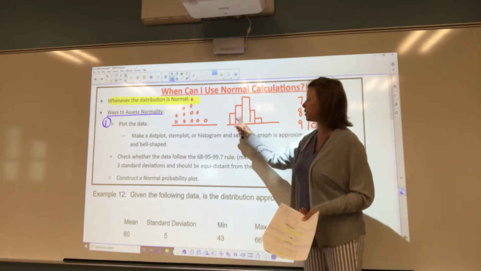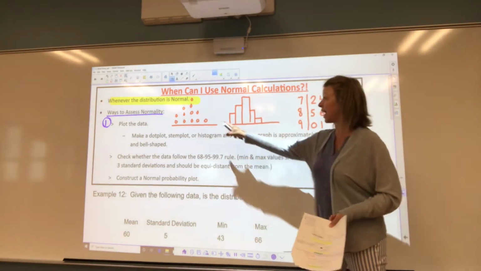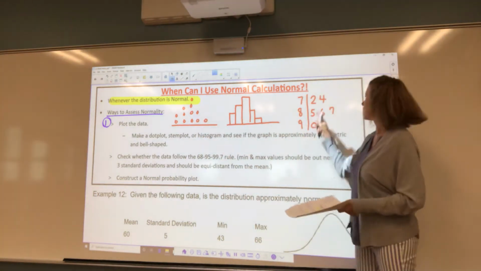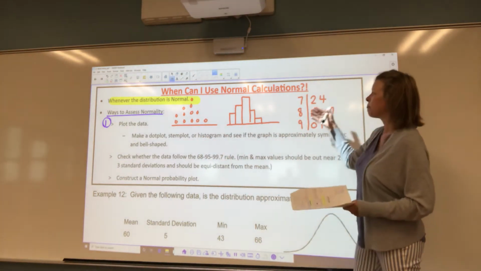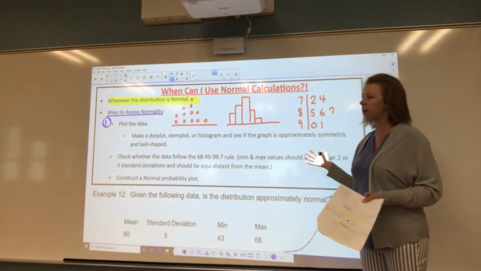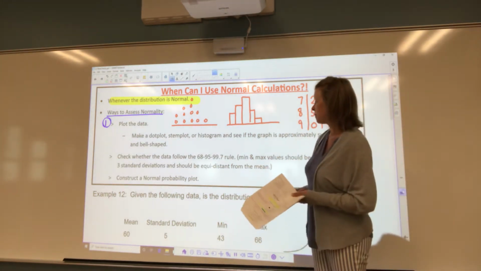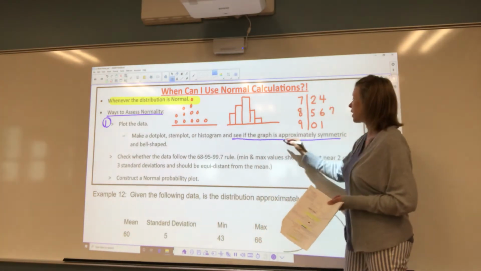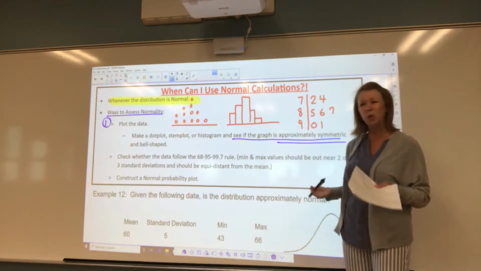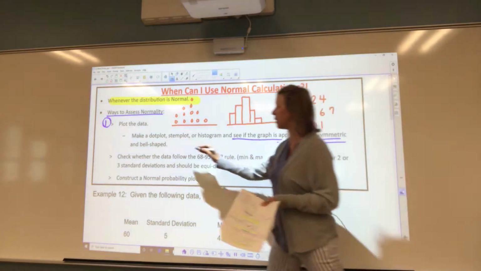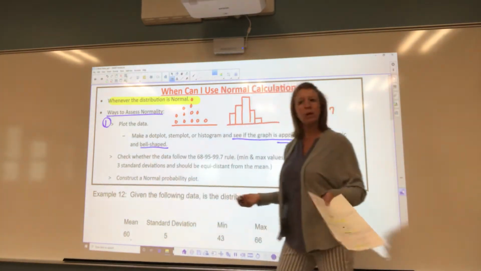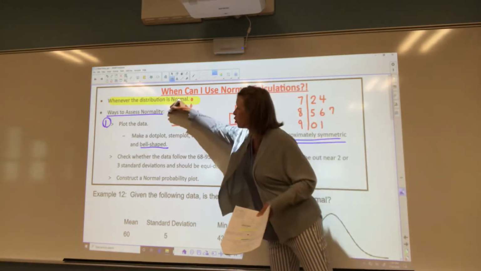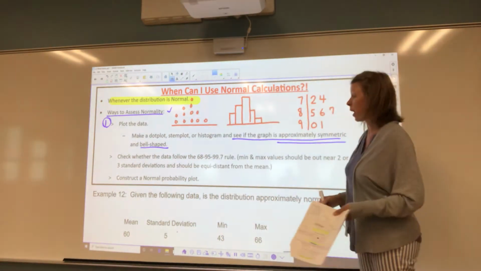We could make it into a histogram, or by hand we could make a dot plot, or we could make a stem and leaf plot, kind of turn it to the side, and we'd be looking for the shape, okay? If you were to plot the data, what you're looking for is just seeing if the shape feels like it's approximately or roughly symmetrical and bell-shaped, that could be a reason for us to continue to move forward and assume that it meets that normality condition, okay?